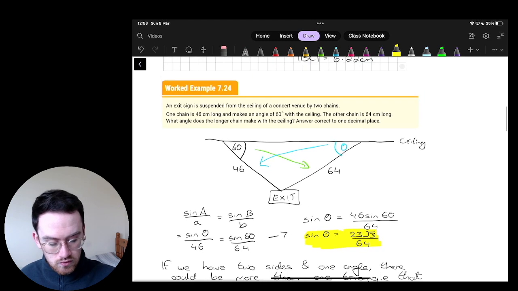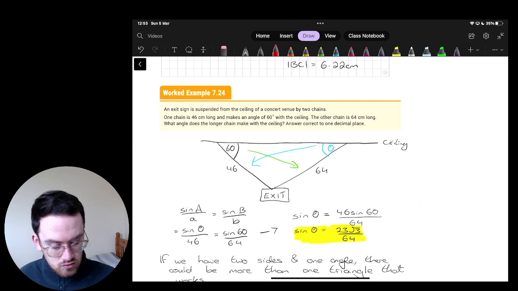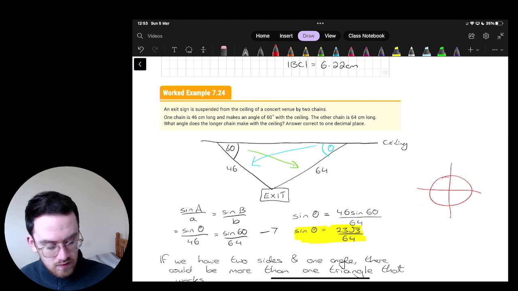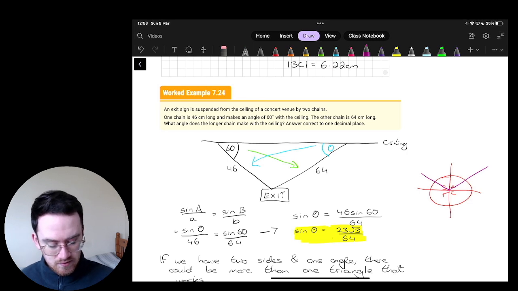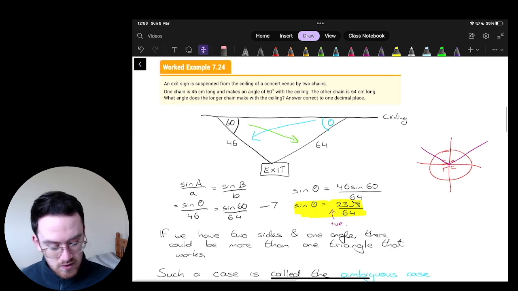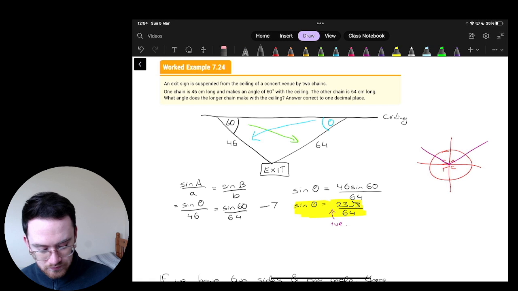We should know from our trig equations that, I'll just draw a sketch here, sine can be positive in this quadrant, but also in this quadrant here. So if I'm given an answer that's positive, like we have here, then it's possible that there's more than one answer. So we might have to consider that for this question.